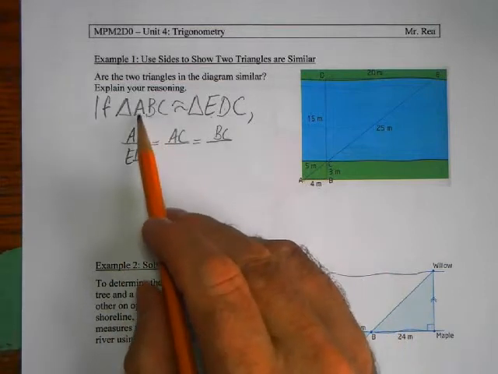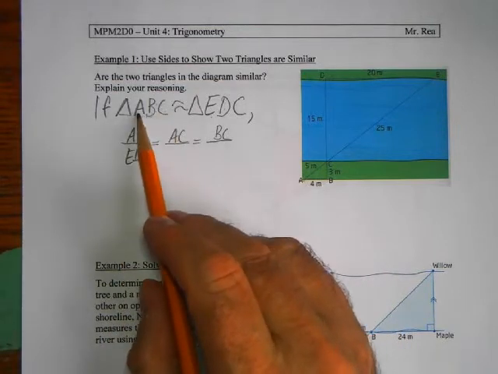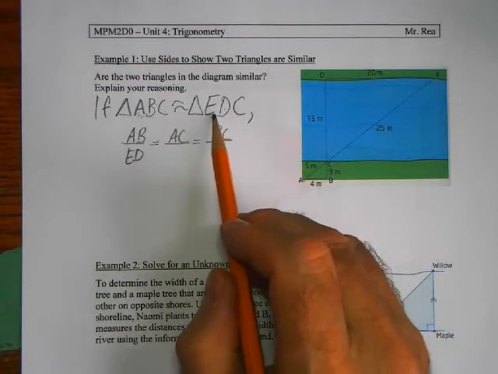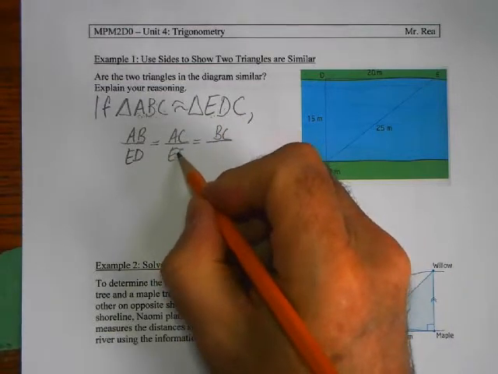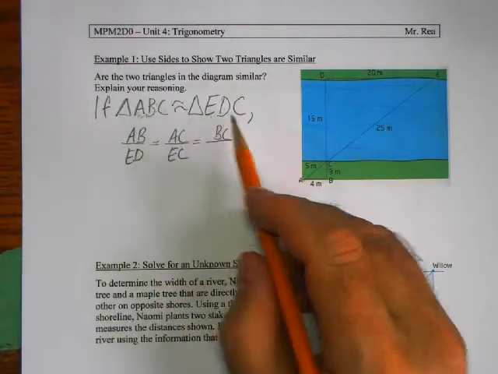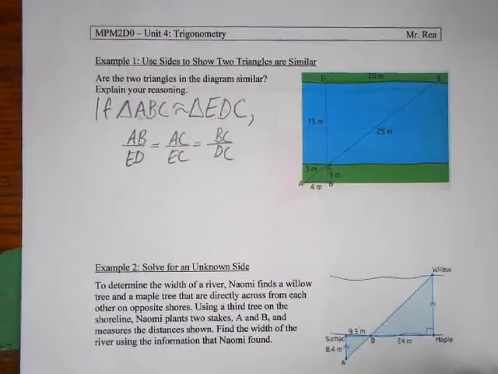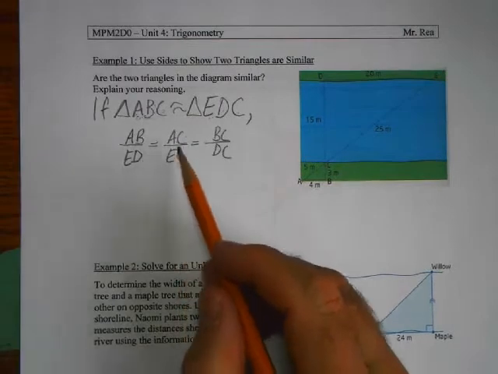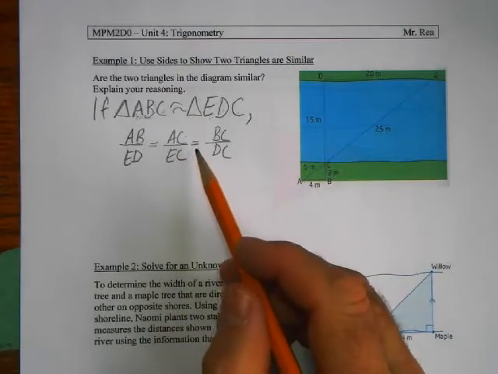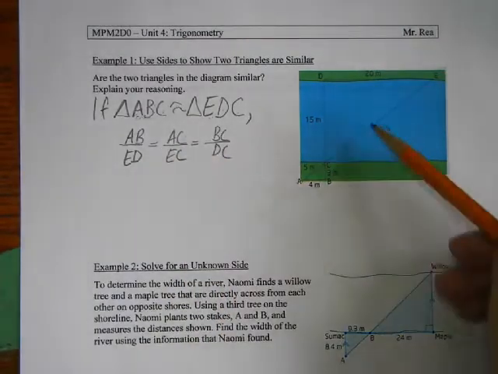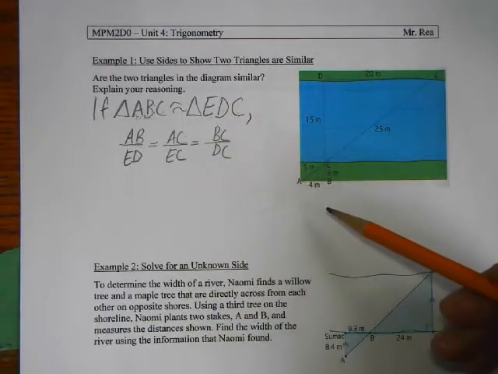Then I've got AC. AC, first and third letters, match with the first and third letters here, so that's EC. And then BC, second and third letters, second and third. Okay, so I've got what should be equal. These three fractions or ratios should be the same if these two triangles are similar triangles.